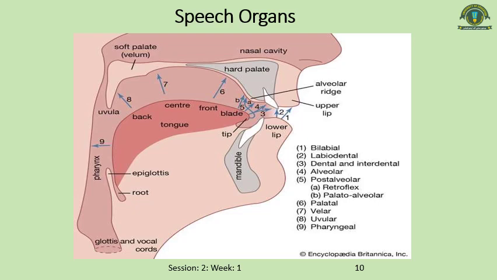Now you are in a better position to understand what I am trying to make you understand. Bilabial means that there are certain sounds which are called bilabial sounds, and they are produced with the help of 2 lips, upper and lower lip. So like that, all the speech organs are working to produce certain sounds.